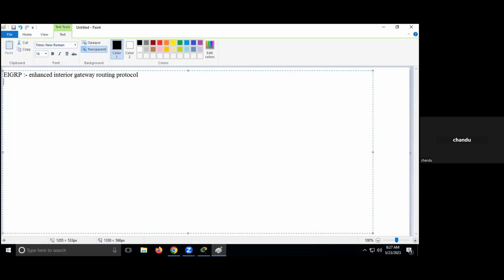EIGRP is a Cisco proprietary protocol. Proprietary until 2013, but now standardized.